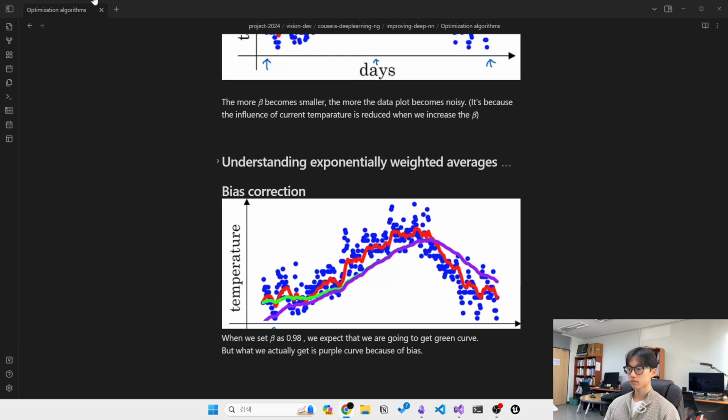So again, assuming theta 1 and theta 2 are positive numbers, when you compute this, v2 will be much less than theta 1 or theta 2. So v2 isn't a very good estimate of the first 2 days' temperature of the year.